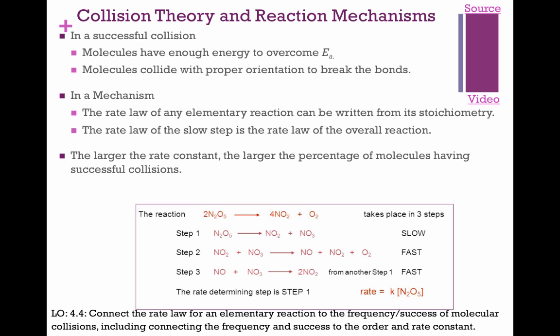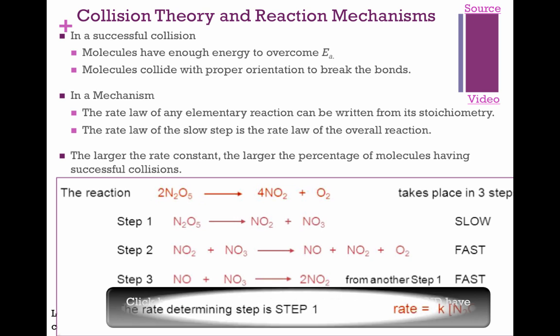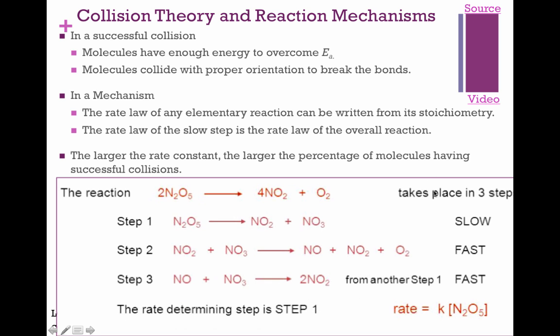So if maybe you're given 2 or 3 values of K, the one that's bigger is actually the one that has a faster rate because you have more molecules reacting. Okay, and so again, to write the rate law of a reaction mechanism, you just do rate equals K times your reactant. Products are never included in a rate law.